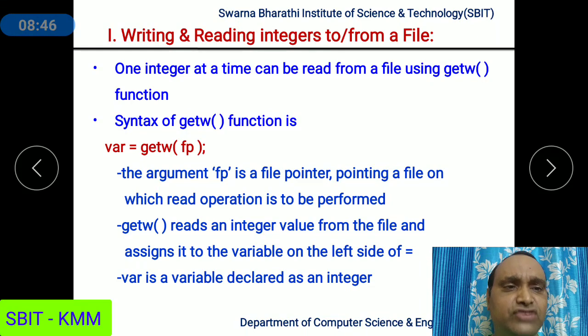And once you write values to the file, whatever they may be, integer values, character values, double values, long double values, these values can be of any type, they are stored permanently in the file until that file is deleted by the user.